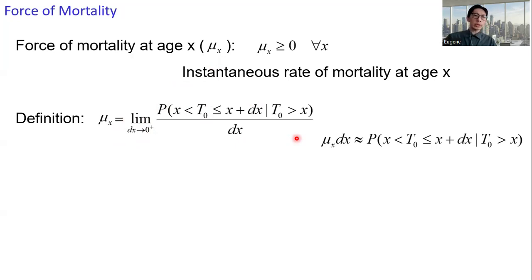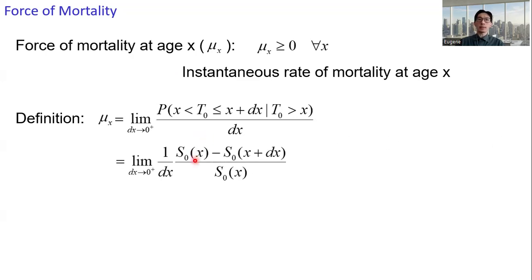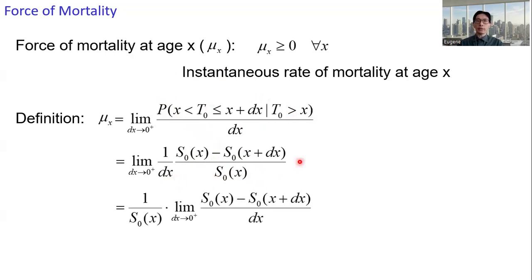All right, now we express the definition here in terms of S0, the survival function of a newborn. So this expression can be rewritten as S0(x) minus S0(x plus dx) over S0(x). This is for the probability statement, and then over dx. Upon simplification, mu x equals the negative of dS0/dx over S0.